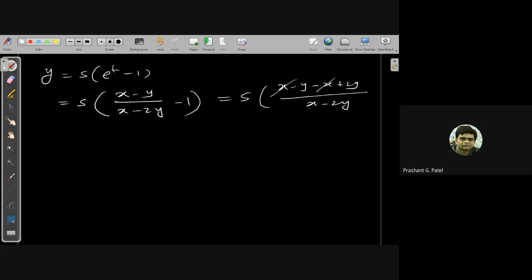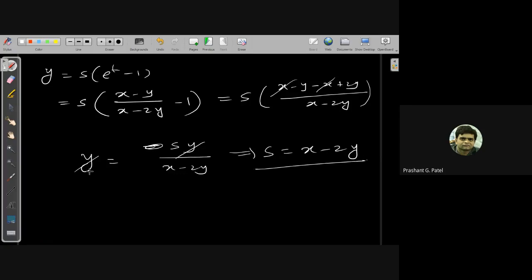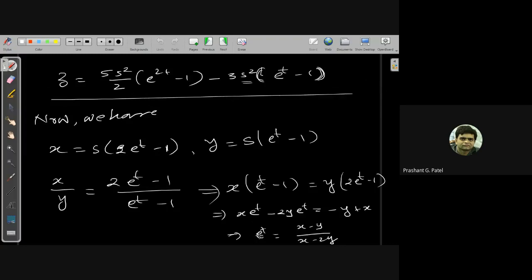So this x will get cancelled out. We have y equal to sy upon (x minus 2y). This y also gets cancelled. So the value of s we got is x minus 2y. So the value of s is this and the value of e power t is this.